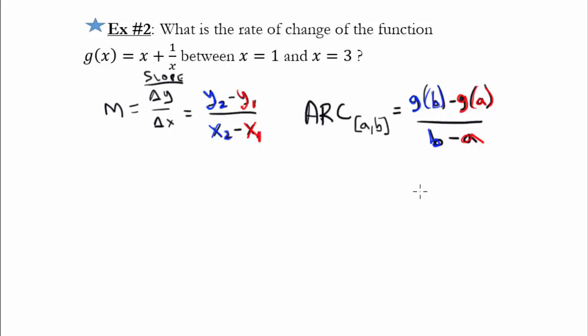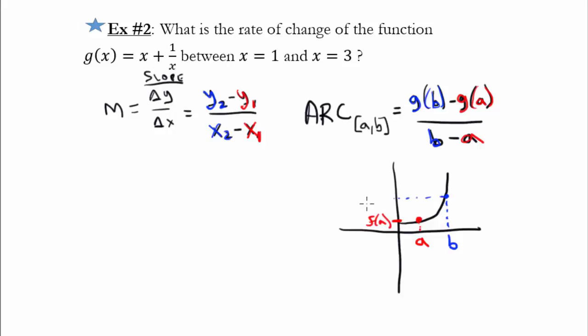So we can even do a quick sketch, if we wanted to reason about this a little bit. We can say this point right here is our first x value, and this point right here is our second x value. Well, if that point is a, then the function value over here is certainly going to be f of a, and the function value over here is certainly going to be f of b, right?